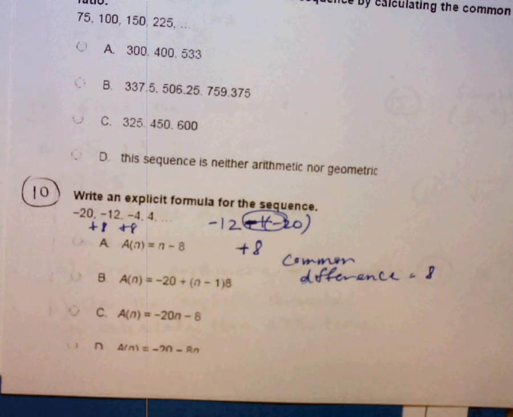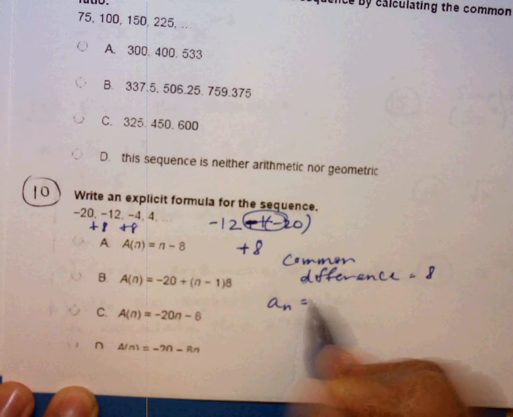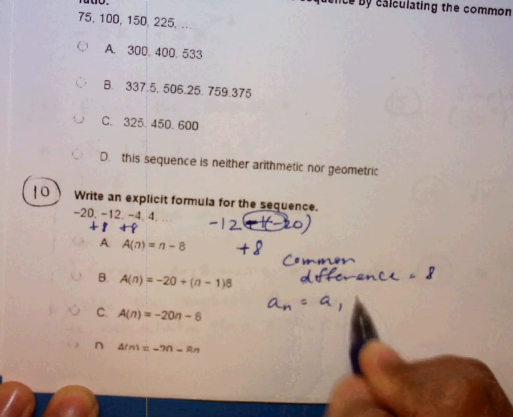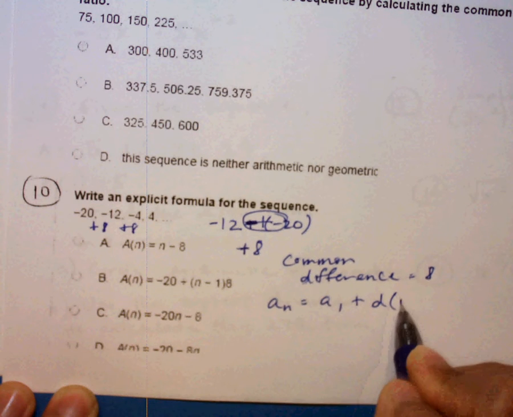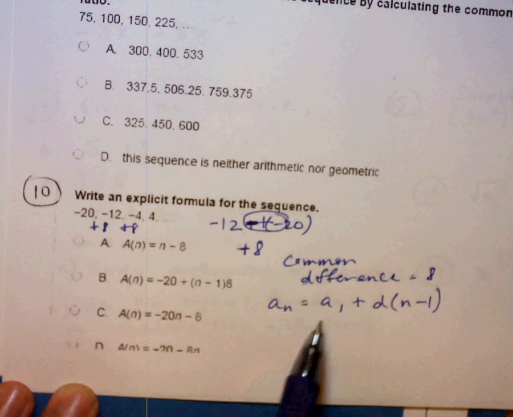Now the formula for arithmetic, if you had that worksheet last time, the arithmetic explicit formula is a sub n equals a sub 1 plus the common difference times n minus 1.